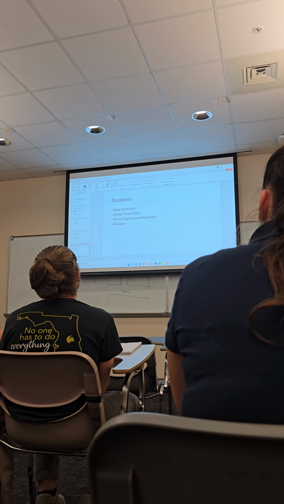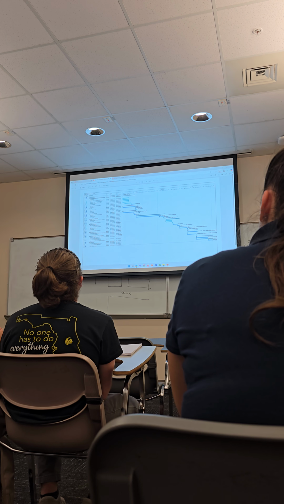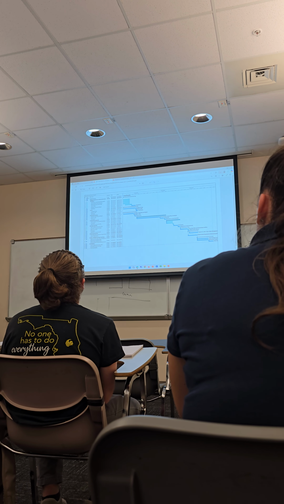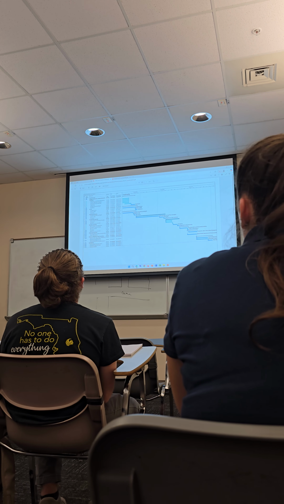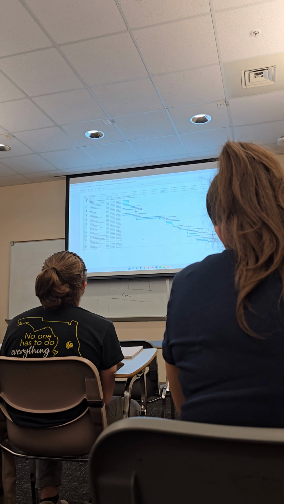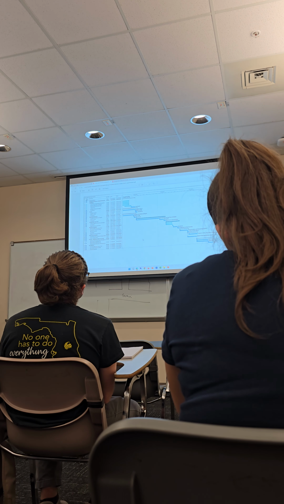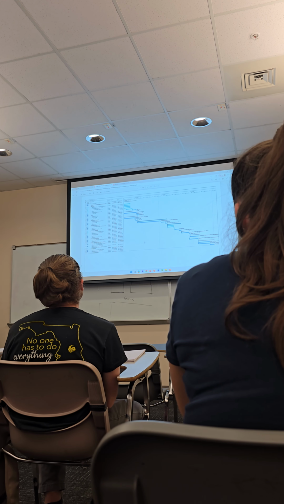But let's just look at an example. So here is a schedule for a project that was done in a program called Microsoft Project. There's a lot of different ways you can develop a schedule.